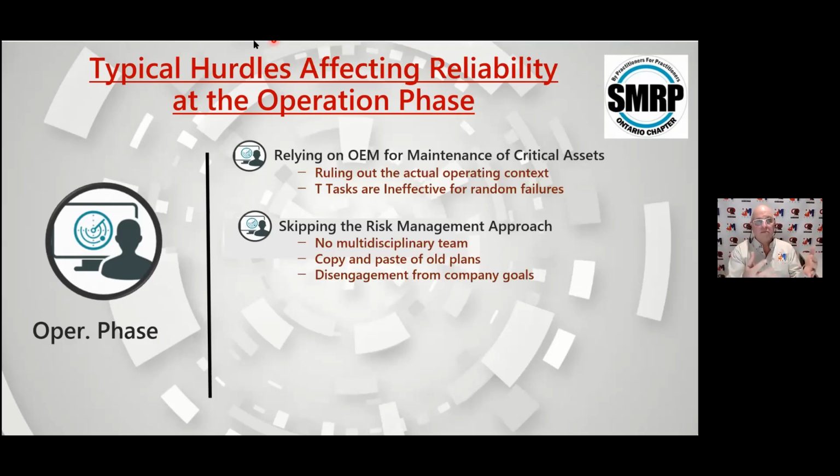Again, these tasks are used for reducing risks. They have to be effective to reduce risk to tolerable levels in order for the company to accomplish the mission they have and for which we are using these assets.